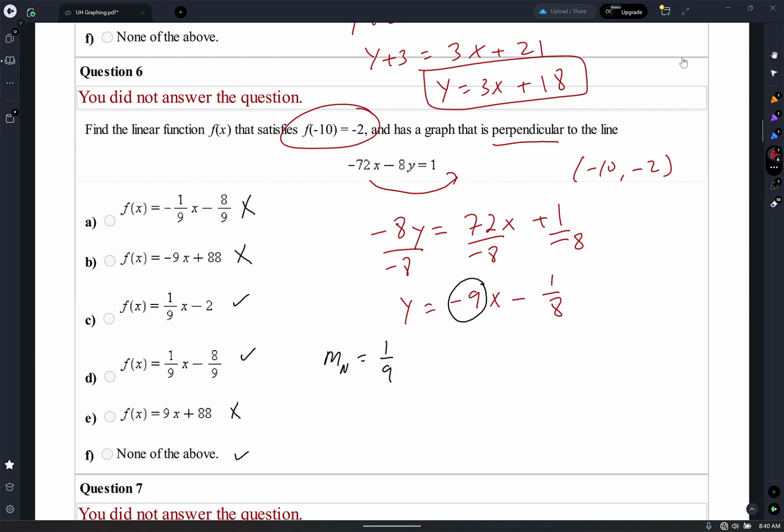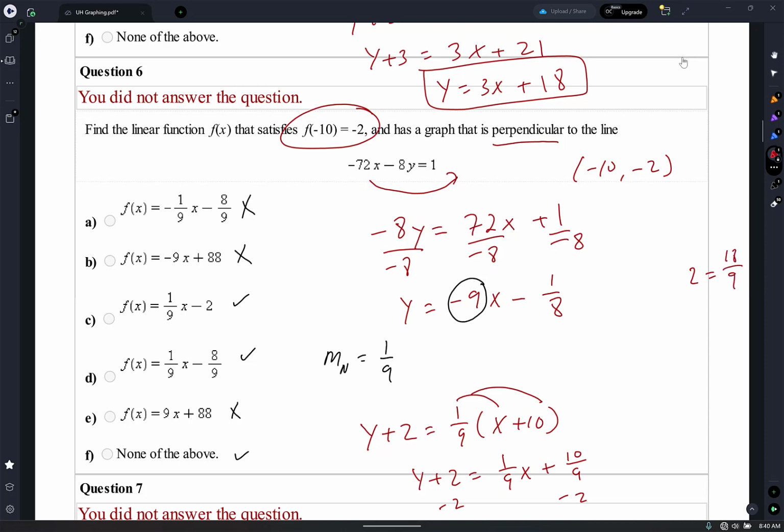Point slope formula is exactly what I'm going to do. y plus 2 equals 1/9 times x plus 10, so y plus 2 equals 1/9 x plus 10/9. Subtract 2, subtract 2. 2 is the same thing as, if I did a common denominator of 9, 18 over 9.